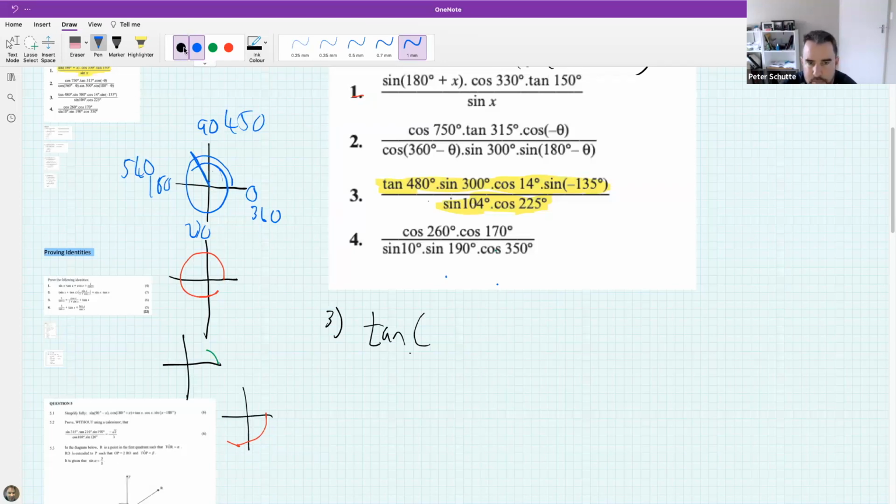There's a couple of different ways you can do the tan of 480. I don't know which way most students are going. I was going to write it as 540 minus 60, but you don't have to do it like that. You can also use the nearest vertical.